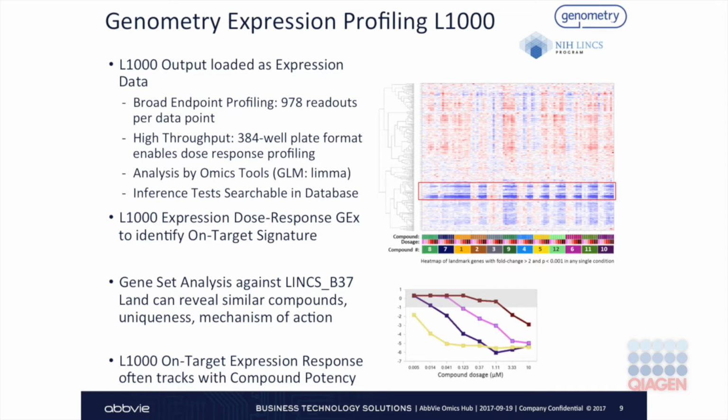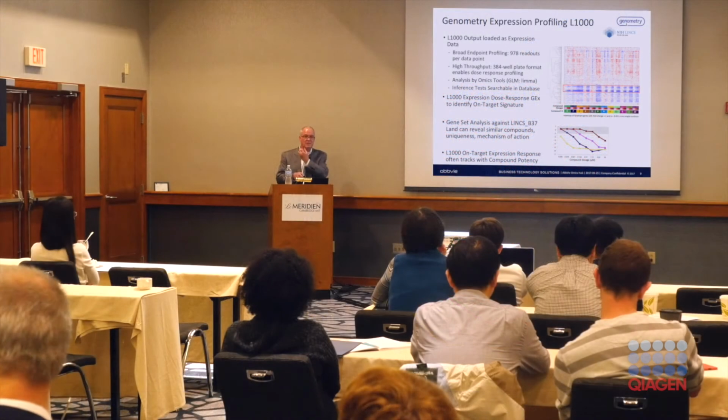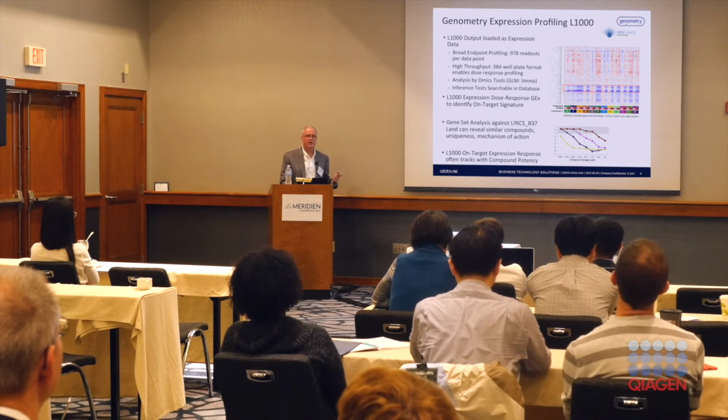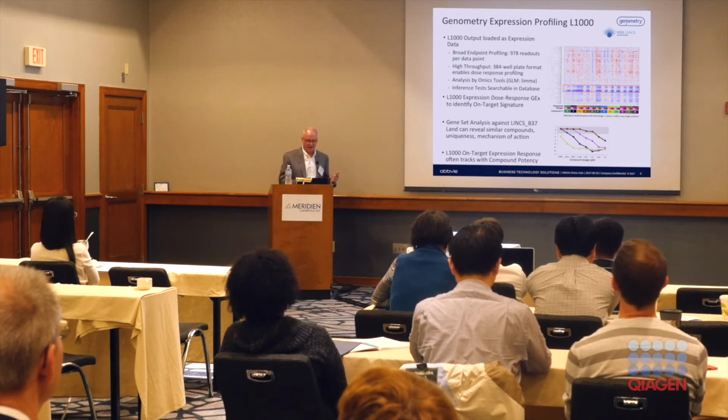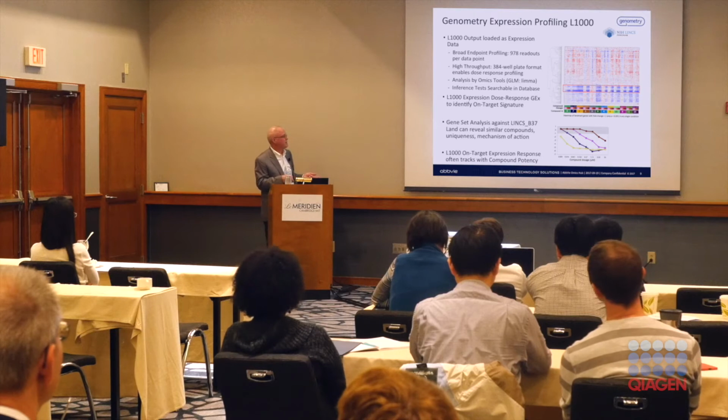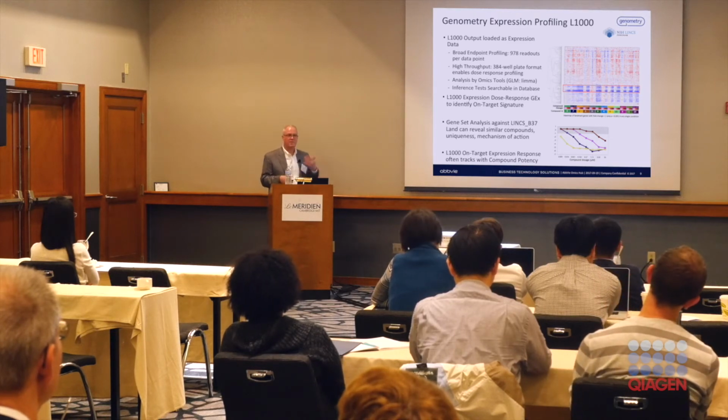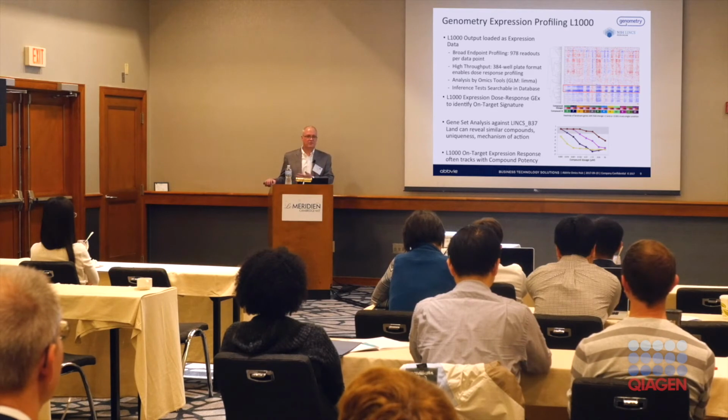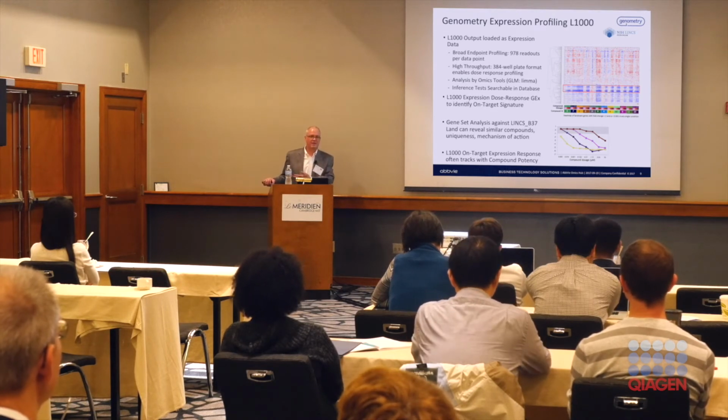So you can do that and then just use standard tools in Array Studio and then very quickly profile all your compounds in dose response with replicates and see, oh, hey, here's a section here where there's a gene signature that seems dose responsive that maybe is related to the on-target signature of that compound. And frequently then you can actually do the plots and see that you can get gene expression dose response that matches your other phenotypic response and really see the signature.